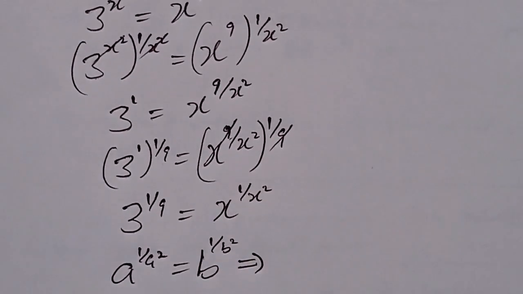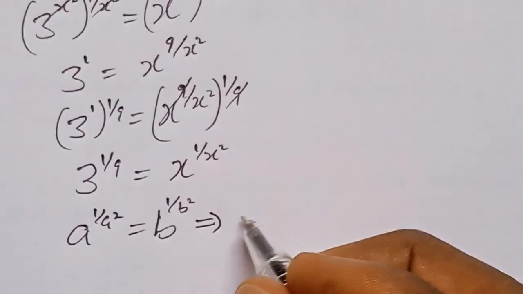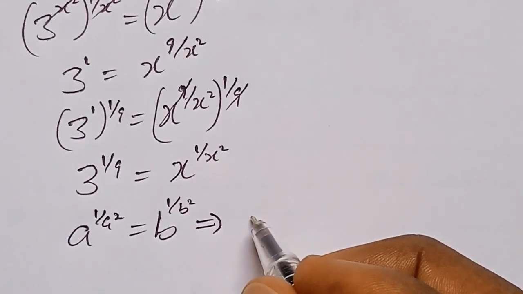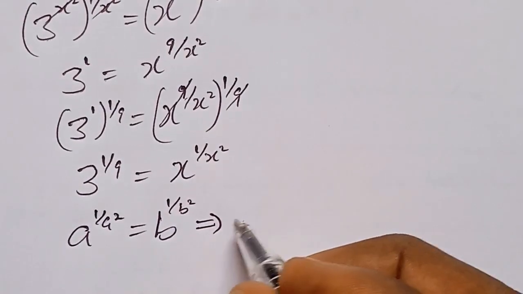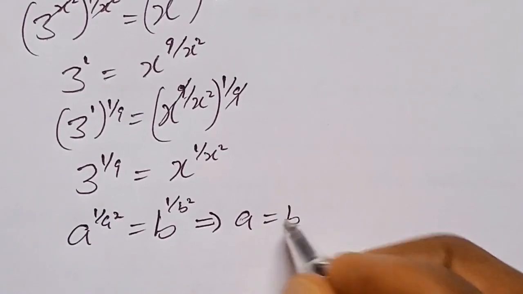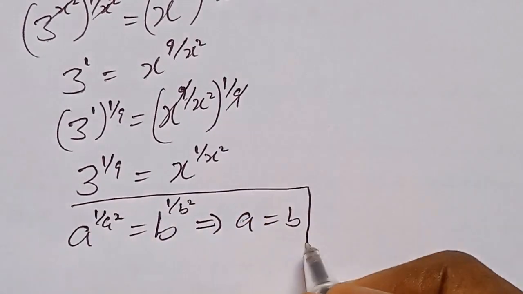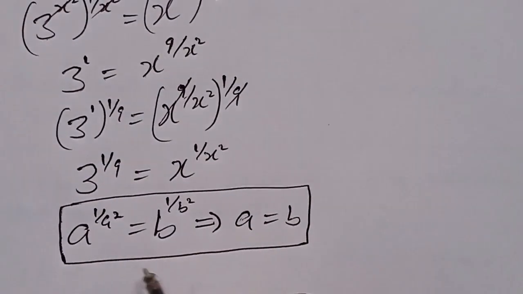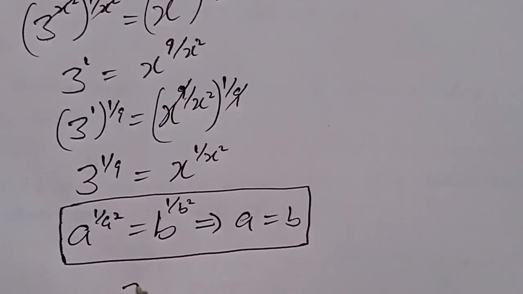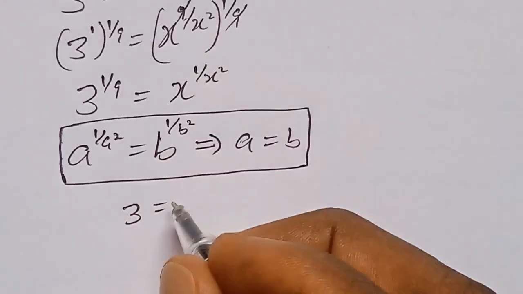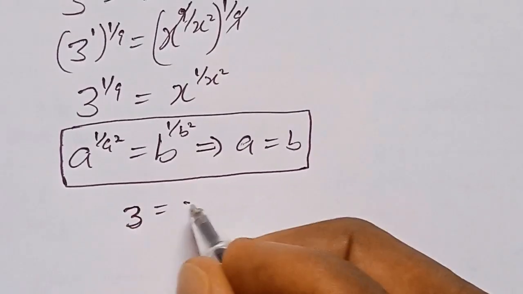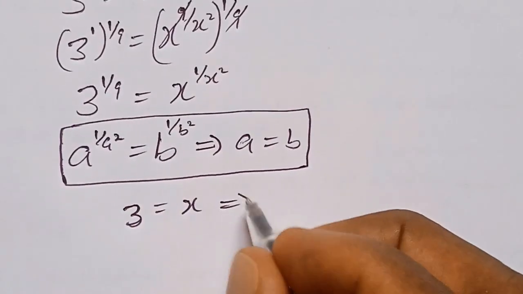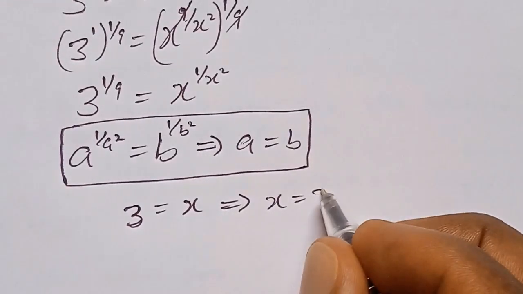This can simply be expressed by equating the bases together, so we have a equal to b. This makes us conclude that 3 will be equal to x, which implies that x equal to 3.